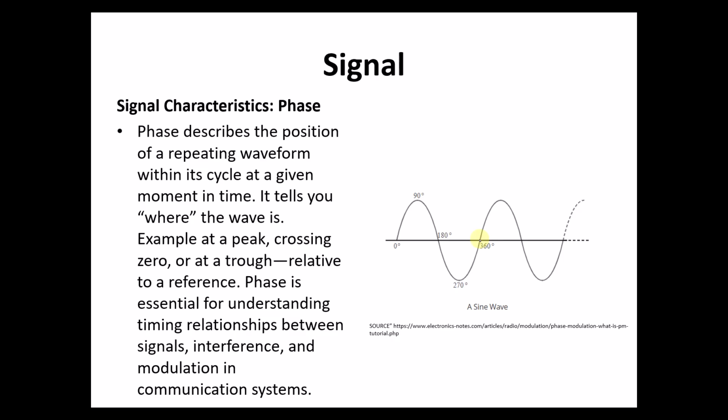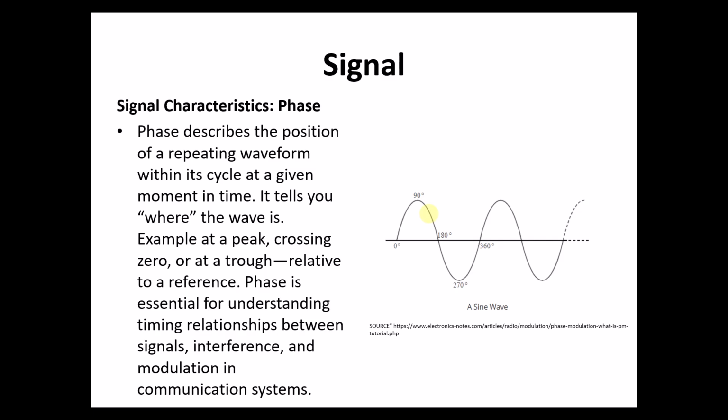So at every point on the signal, we could have measured the phase of the signal. So the phase of the signal just describes the position of the signal at a given time. And we measure that in degrees or in radians. The image here is using degrees. Other images can also use radians.